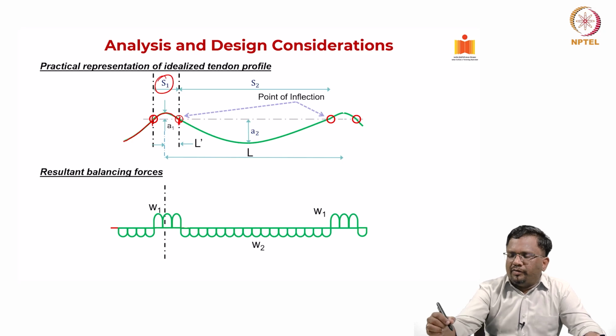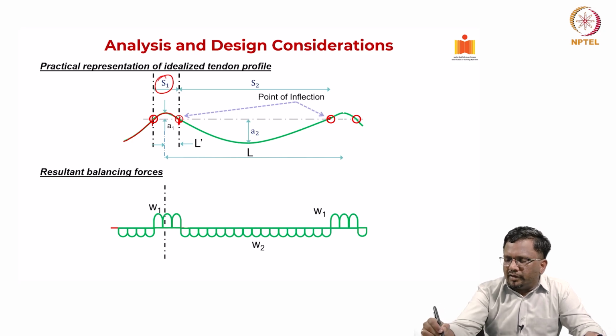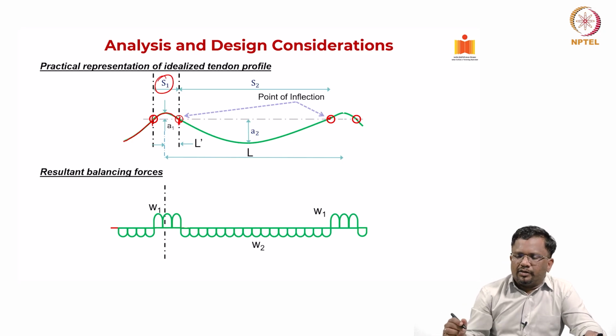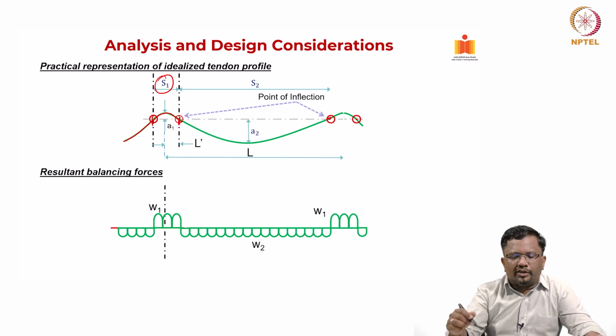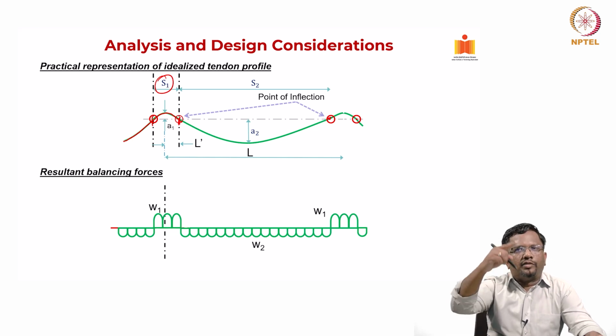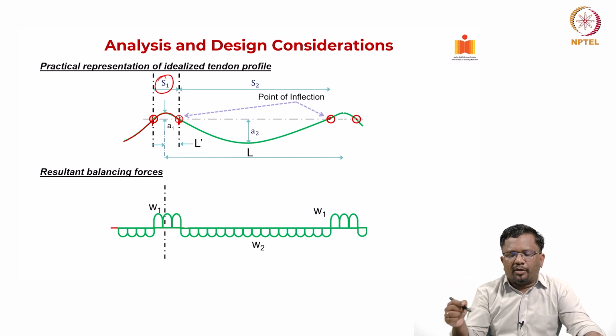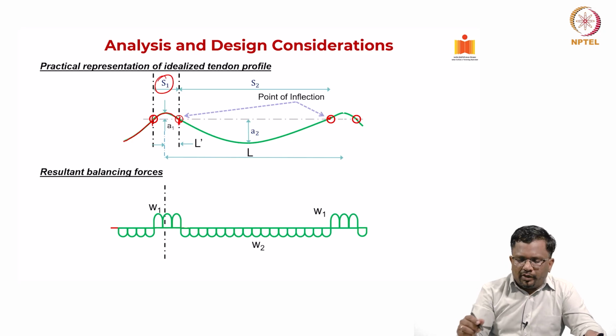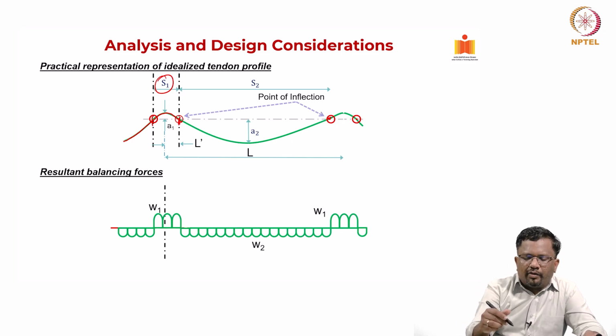Okay. And then we choose the point of inflection like this, right. So, you get here, and this is your point of inflection. So, when you have such a profile, reverse parabola, parabola and reverse parabola, what kind of loading will you have? You will find that wherever you have a reverse parabola, the load will actually be acting downward. Wherever you have a parabola, you will have load like this.